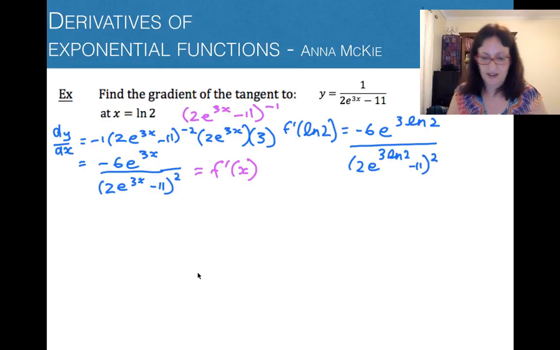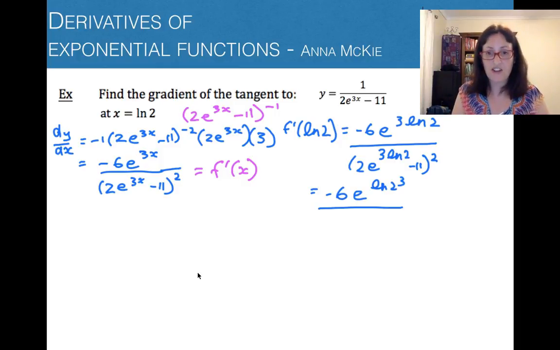Now let's tidy that up a little. So you need to be really good with your log laws here. So that's the equivalent of ln2 to the power of 3. And same in the denominator. Now, remembering your log laws, what that would simplify down to. I'll just pop it off to the side here.